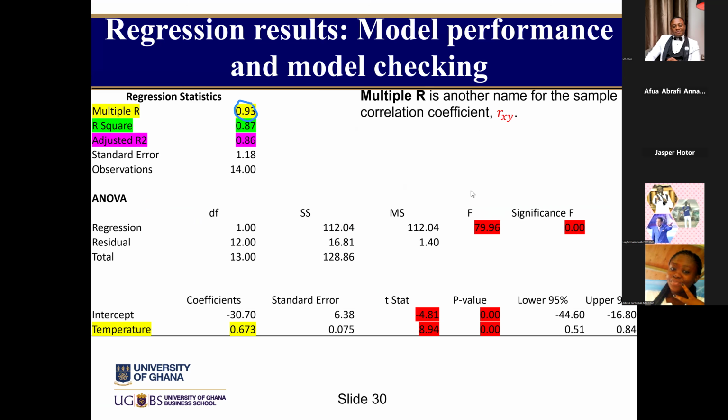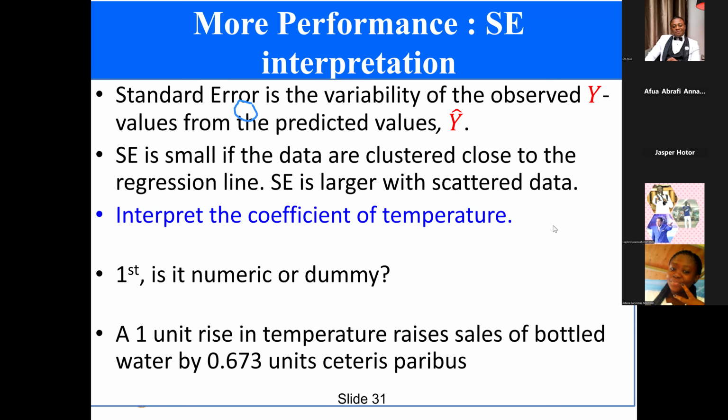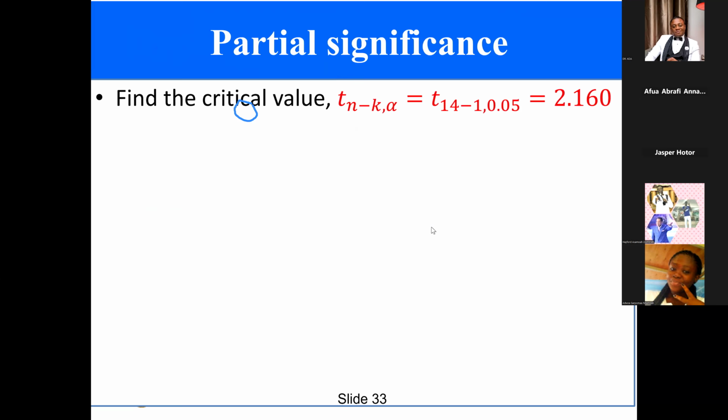It's less than 5%, which means that all the independent variables are jointly significant, which means that when you combine all of them together, they can have a bigger influence on the dependent variable. Remember, you can always compare the critical value with a test statistic or compare the p-value with the alpha.